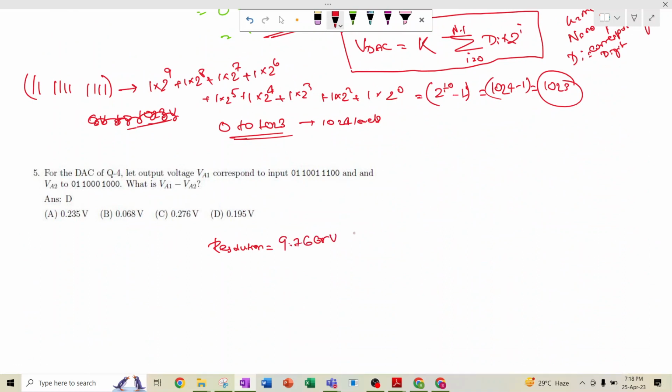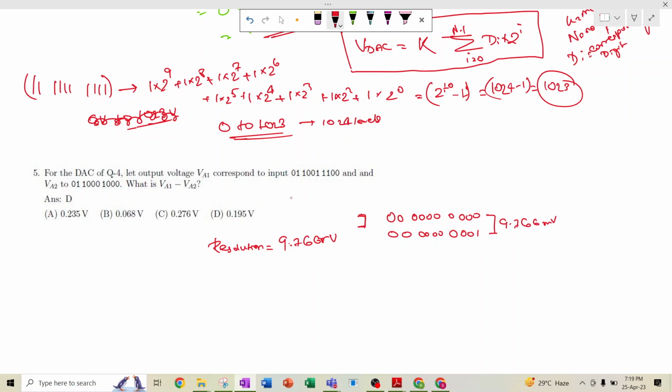That is the difference between two consecutive levels: if there is all zeros and then all zeros with a 1 at the end, the difference in the analog output is 9.766 millivolt.